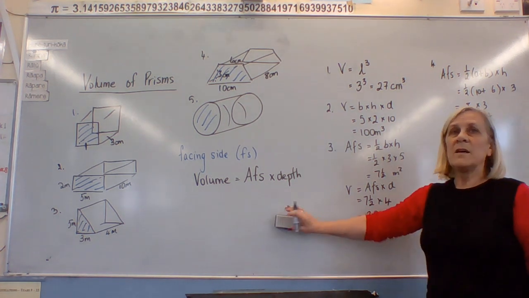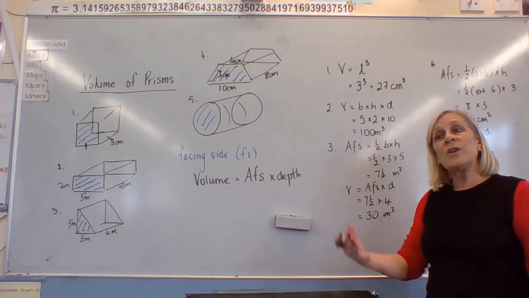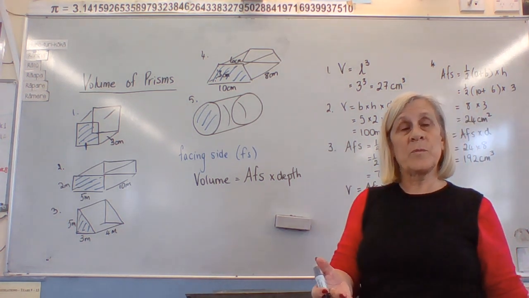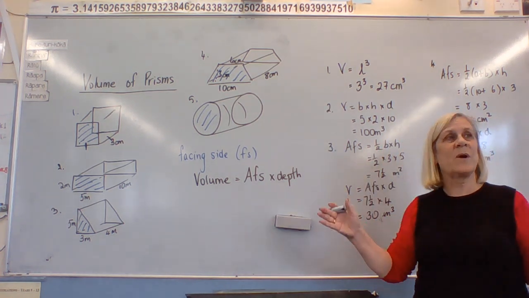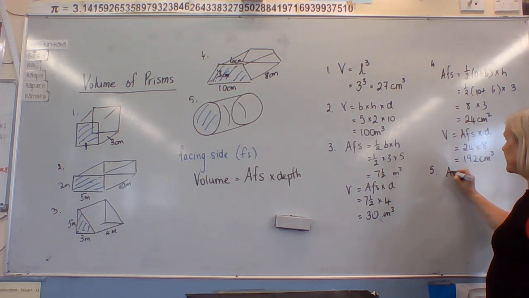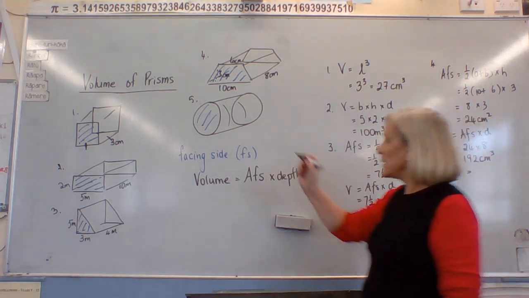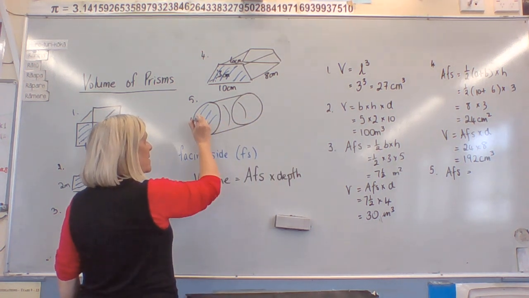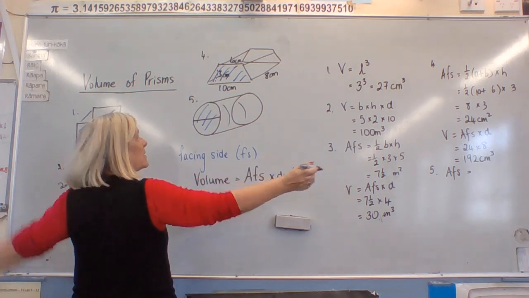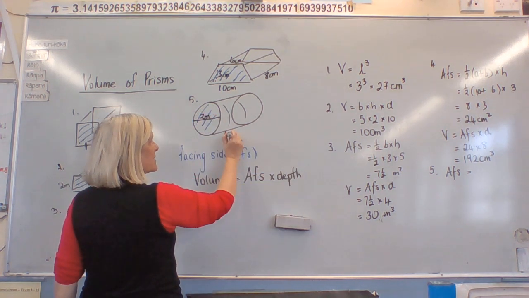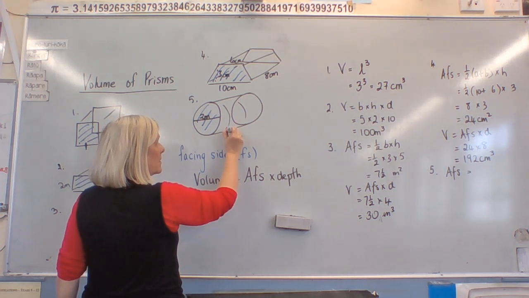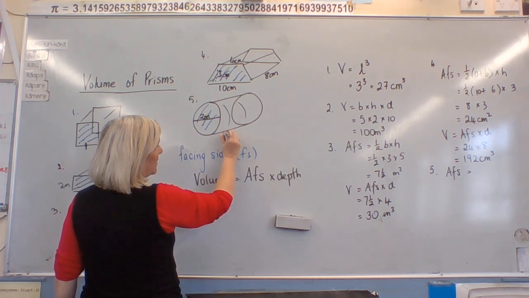All right, and then we get to the last one, which you've got the formula right there on your formula sheet. So if worst comes to worst, you use the formula off your formula sheet, but if you can remember to do it this way, you get those two ticks. So we want the area of the circle. So we're going to say the diameter of this concrete tube is 2 metres, and it's 5 metres long.